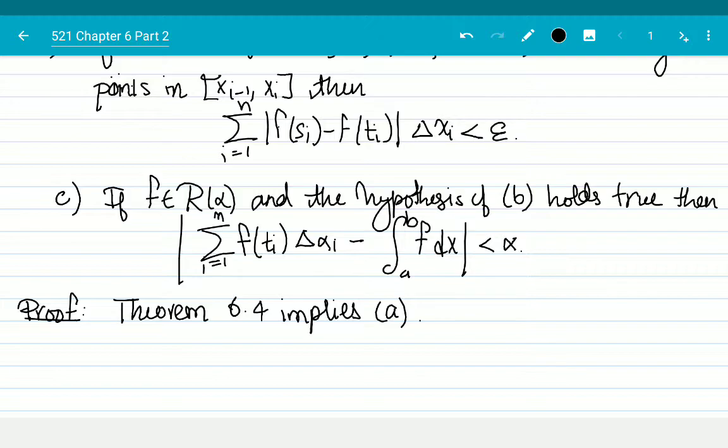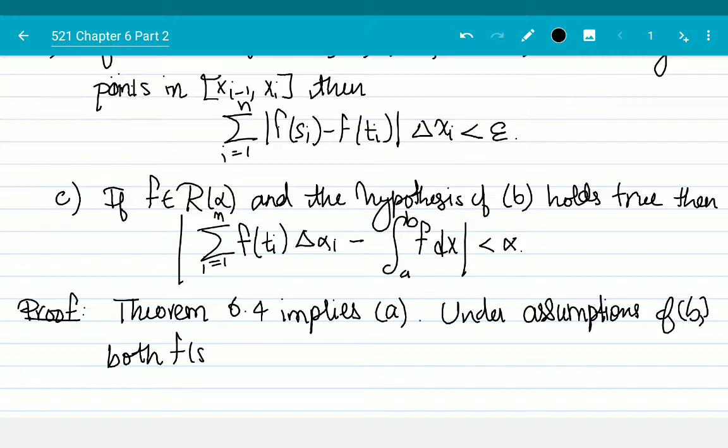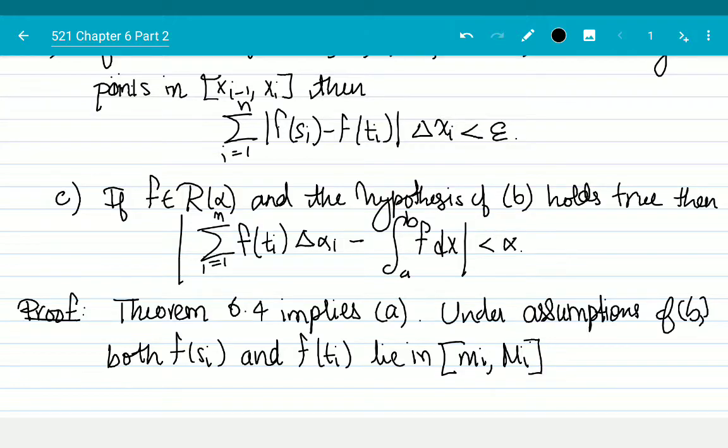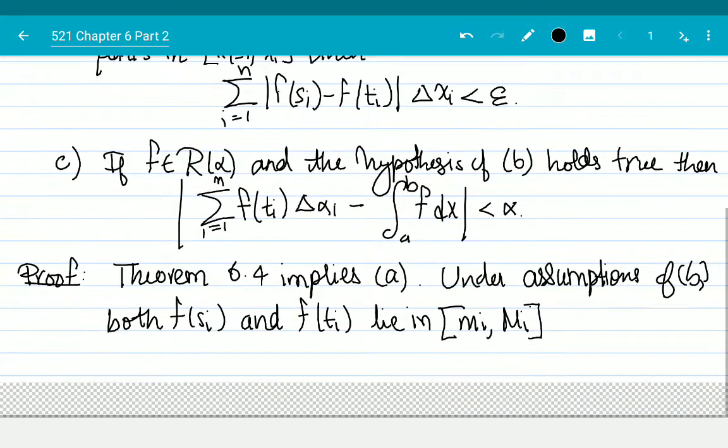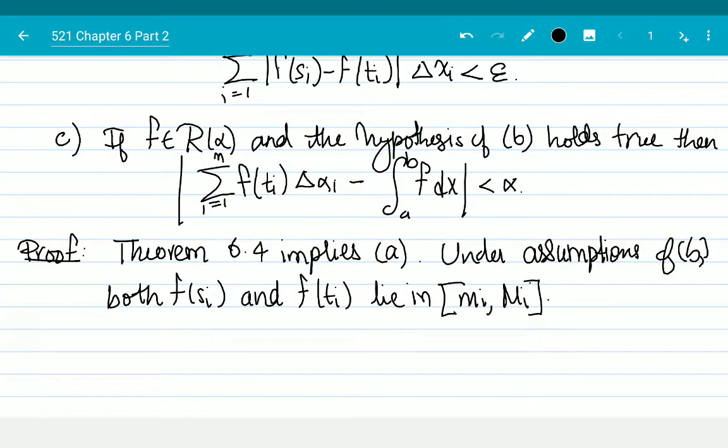If you have the assumptions of B, under assumptions of B, both f of si and f of ti belong to the interval from mi to capital Mi, where mi and capital Mi are as before.